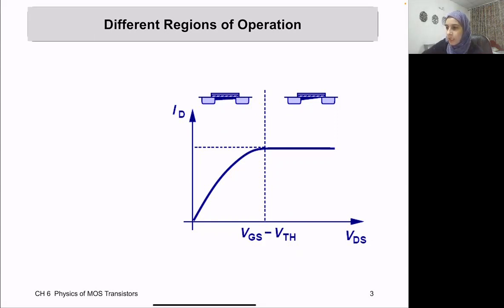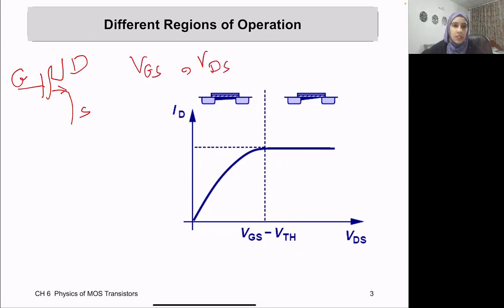This is the gate, this is the drain, and this is the source. So how we set our VGS and our VDS will decide what operating region our transistor is in.